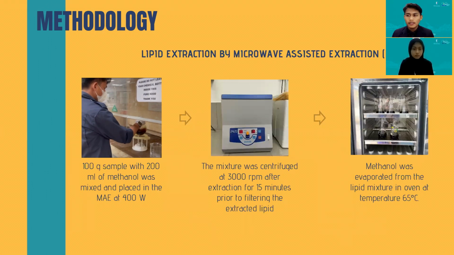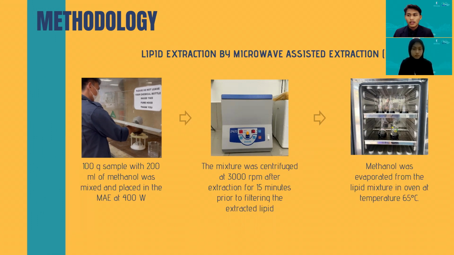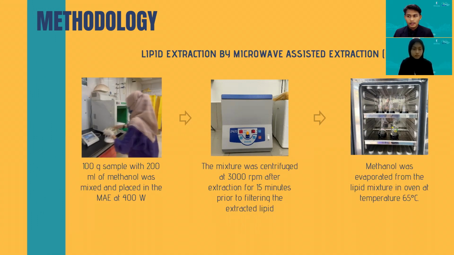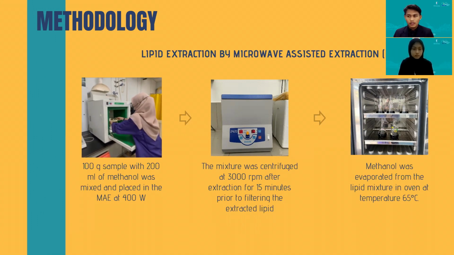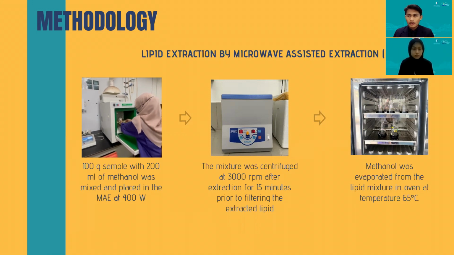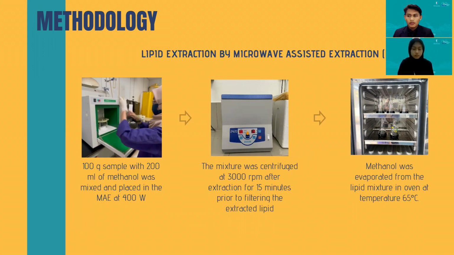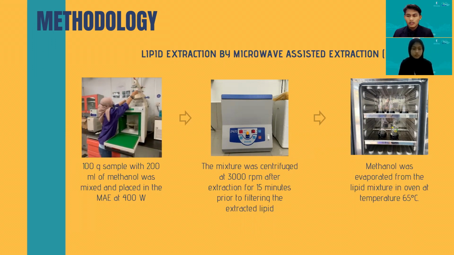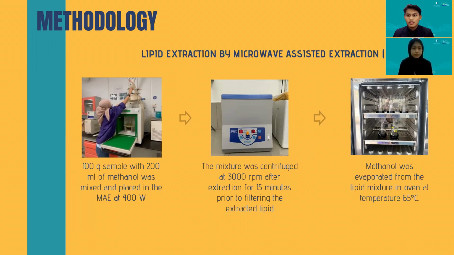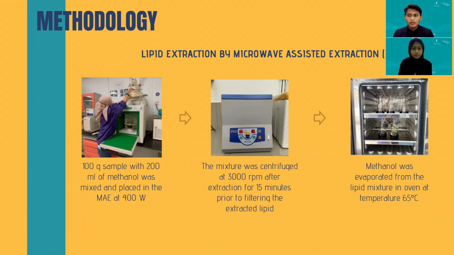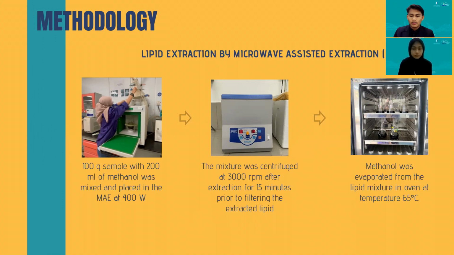Firstly, 100 gram of dry sample is placed in a glass open vessel and 200 ml of methanol is added. Then the vessel is fed into the microwave. The microwave power was run at 400 volt. Then the mixture was centrifuged at 3000 RPM for 15 minutes after extraction, prior to filtering the extracted lipid.